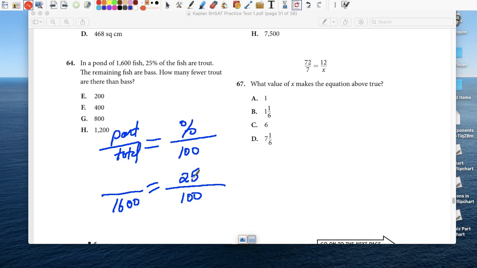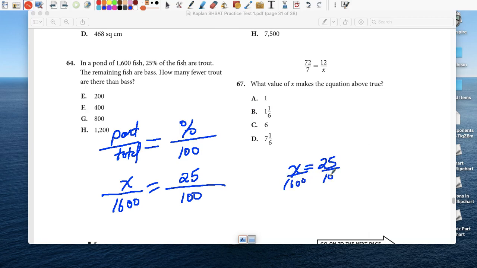25% are trout. Well, I don't know, right? So it's 25%, so it's some number over 1,600. Let's call it X. We can now cross multiply. There's so many things you can do here. You can cross multiply as it is. Let me take that same proportion.